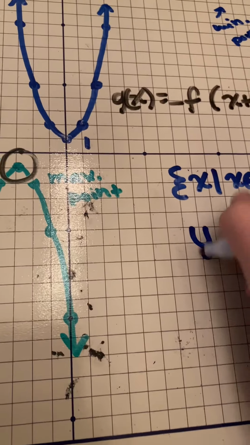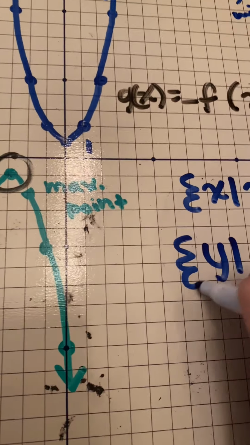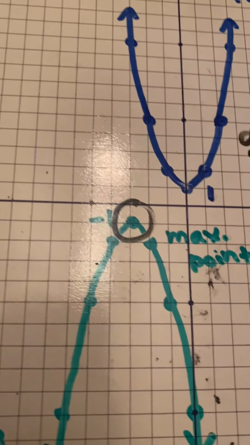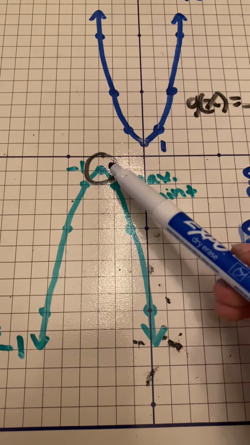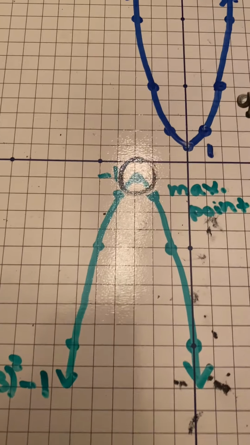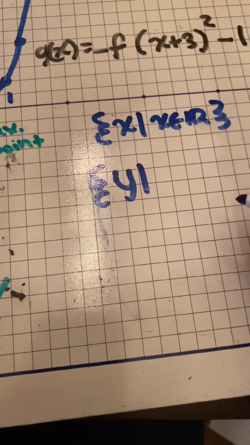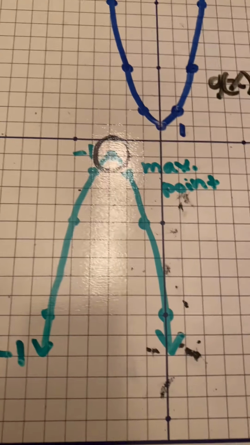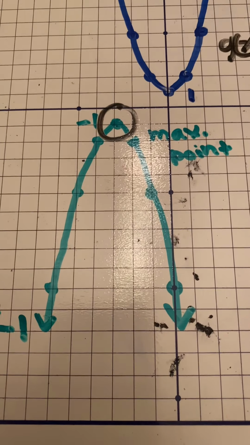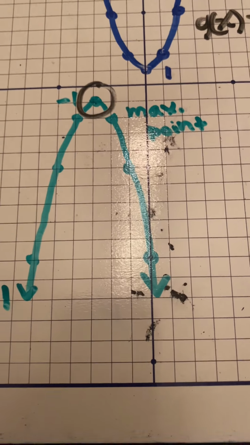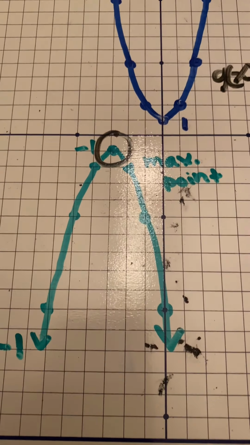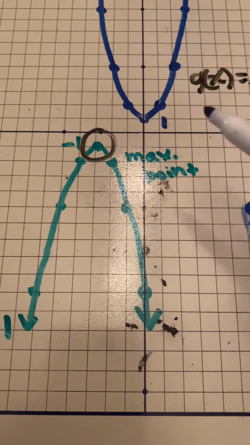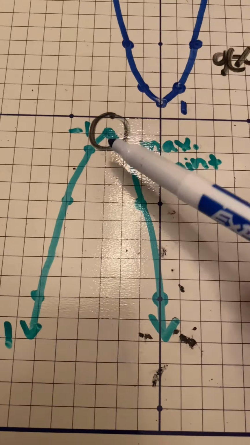Then your range, on the other hand, since it does begin here, this is your maximum point, so this will be included in your range. But it would also be continuous, going further down. As it keeps going further down, your domain will get bigger and bigger, and it will expand, so your range will go further down.